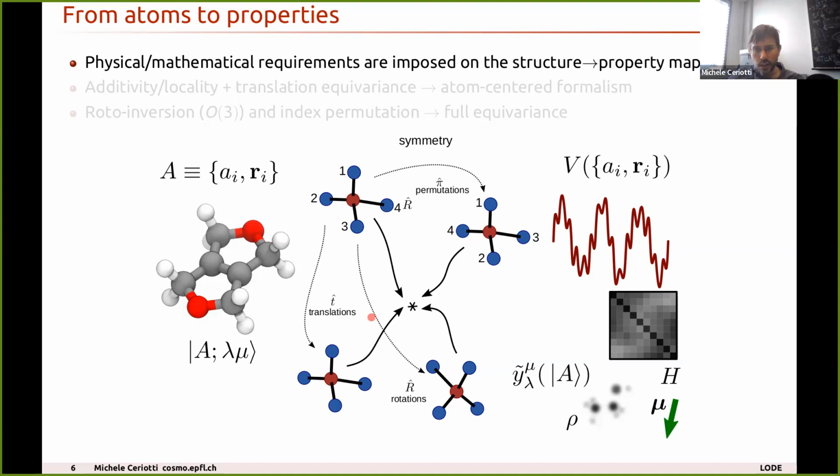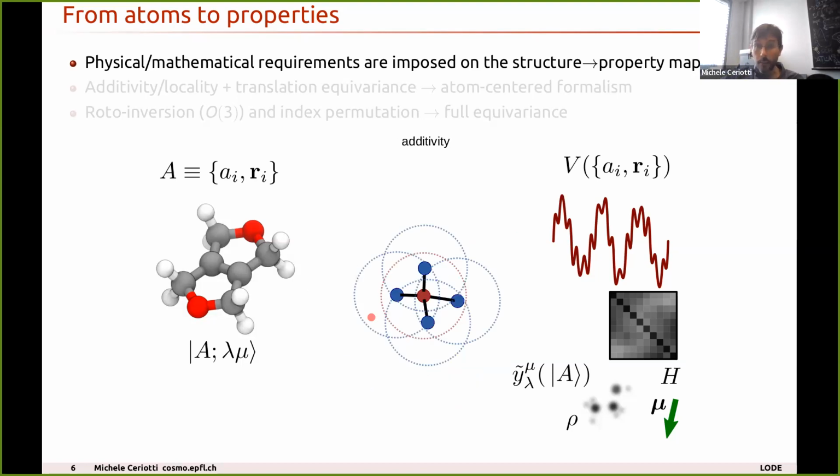And one last requirement, which will be very important for the second part of this presentation, is that usually we try to build a description that is additive and local.